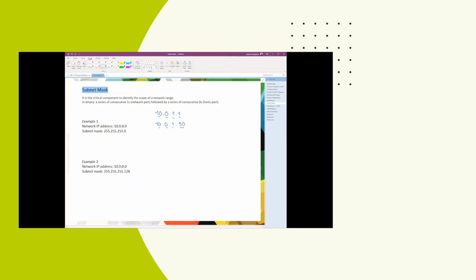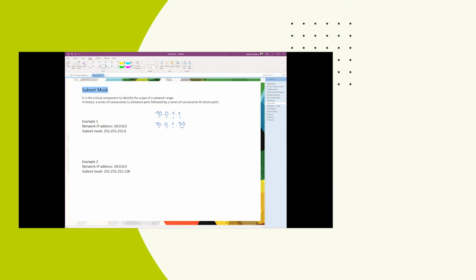So they may assume, okay, a server in this IP address, why can it not communicate with a server in this IP address? It doesn't look too much different. That's only half true, because we need the subnet mask, and the subnet mask will tell us if these two belong together in the same network.